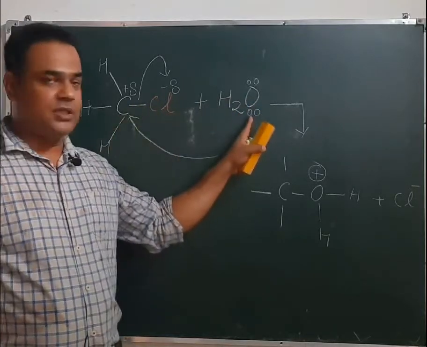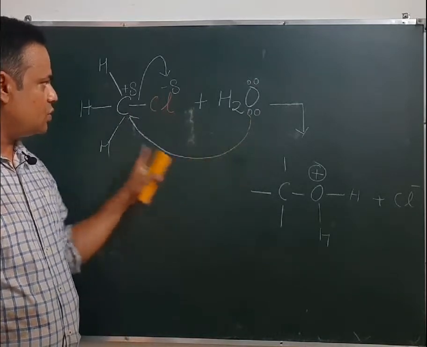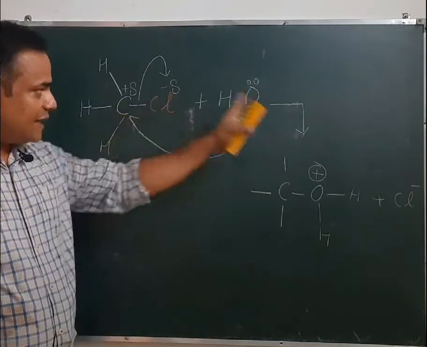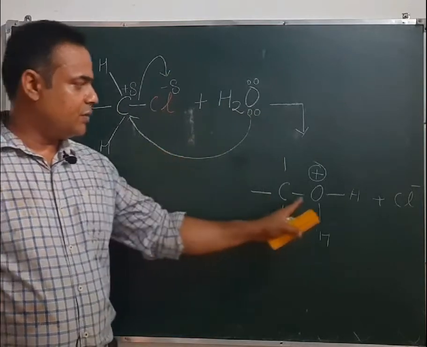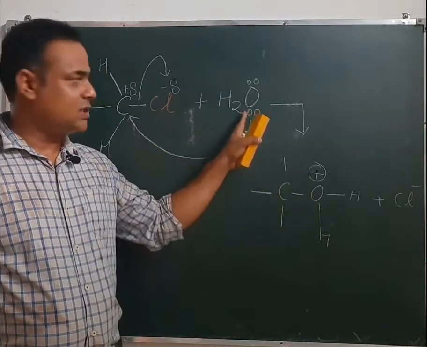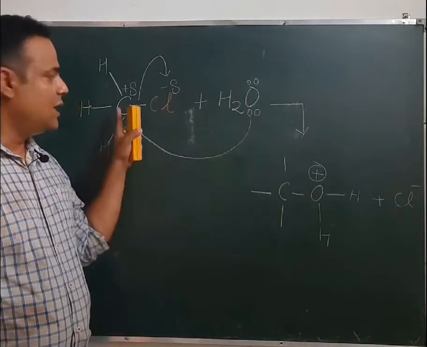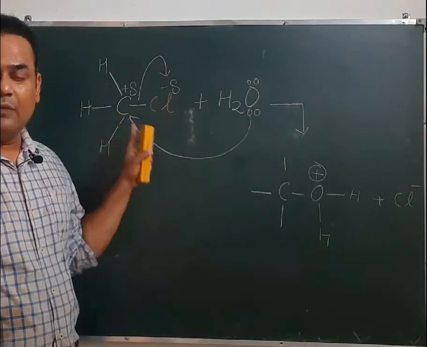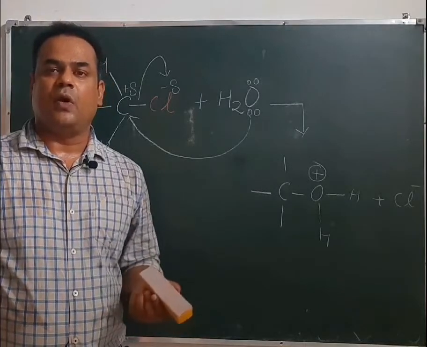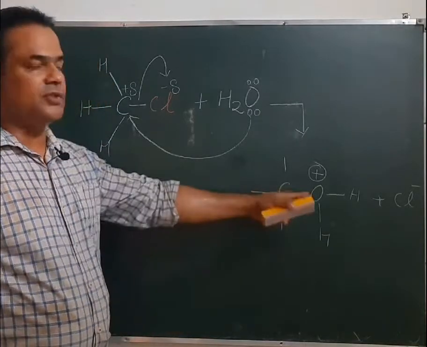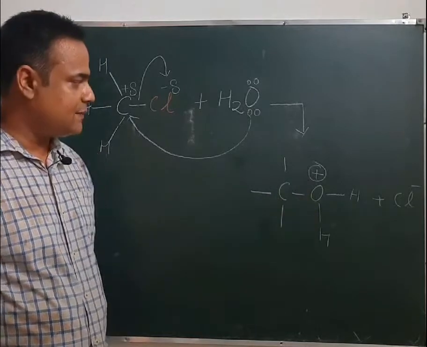So first this oxygen donates its electron to the carbon, and then with the next electron it makes a covalent bond. Here we can see that oxygen is losing one electron and giving it to the carbon, and whenever there is loss of electron, there will be a positive charge on that atom. That's why this oxygen is acquiring a positive charge.